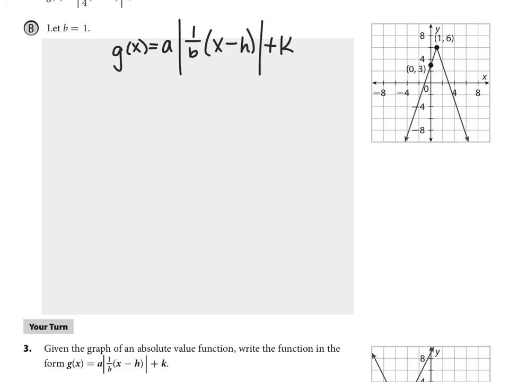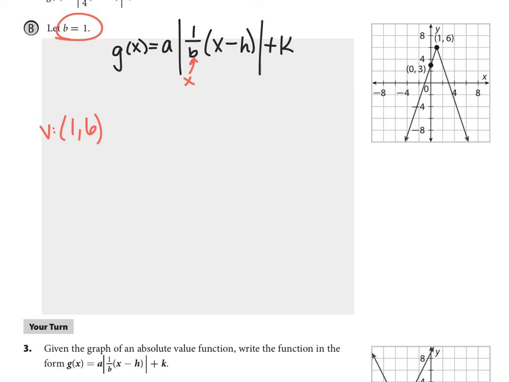All right, so this time we're going to do something very similar. I still want to start with the vertex and go ahead and name that. I see my vertex is 1, 6. And then they also give me this information that b equals 1. So I know this time if b equals 1 right here, then this is not where the slope is going to be that I'm going to use. I'm actually going to end up putting the slope on the outside. So let me go ahead and simplify what it is I know so far.